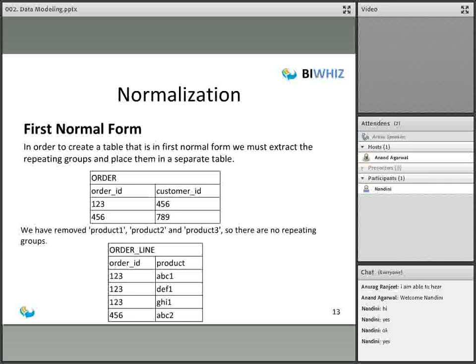So now we've got a flexibility where we can store multiple products for each order. Though it would create a lot of rows, it provides a lot of flexibility, and we do not have a redundancy, or we do not have any anomalies in this form.